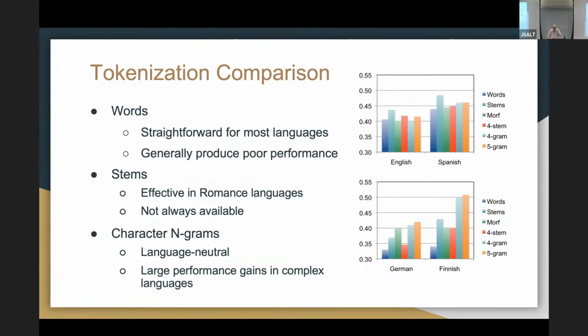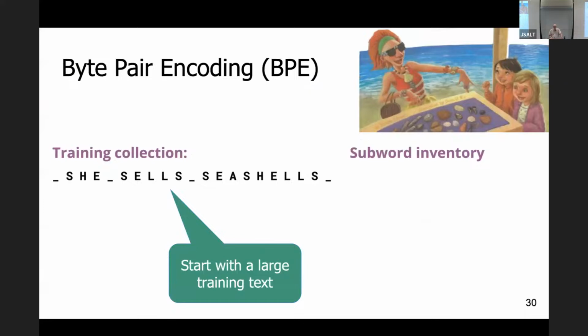English and Spanish maybe do a little better, but not a lot. But for morphologically complex languages like Finnish, you get a huge benefit because the pieces of words are capturing that morphology, where you don't have any information about the word as a whole. So subwords are a really powerful way of tokenizing.